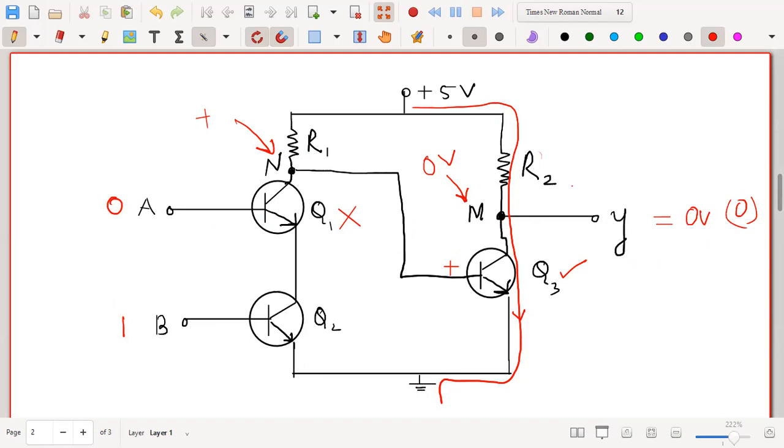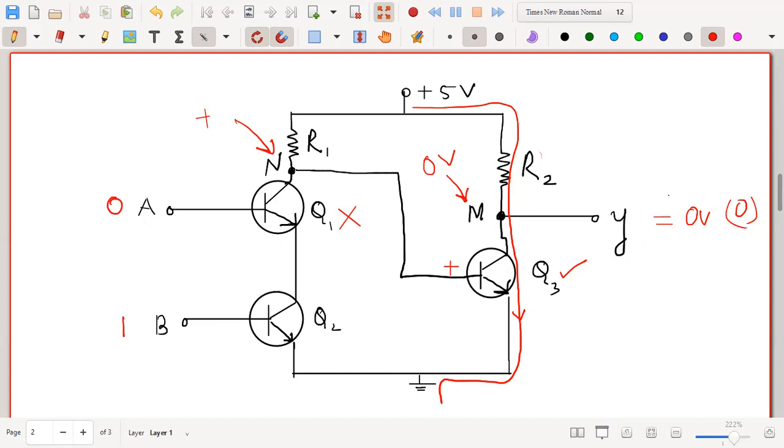Whenever the current is not flowing through any one of Q1 and Q2, the current will be flowing through Q3, and the output would be 0. So for the output to be at logic 1, both of these transistors should work, otherwise it will be at logic 0.